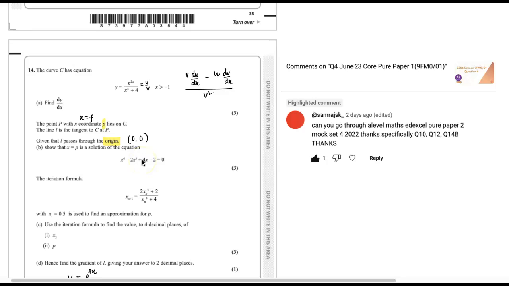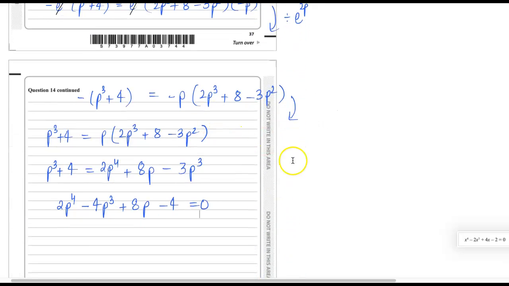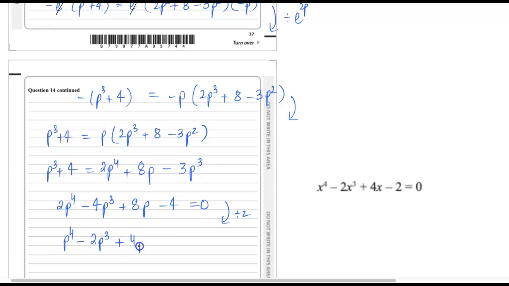Okay, let's go there, a longer one. So let me take the screenshot. It should be matching. Okay, let's see. It is saying, can we divide by 2? If we divide by 2, we're going to be getting p to the power 4 minus 2p cubed plus 4p minus 2 equals 0.